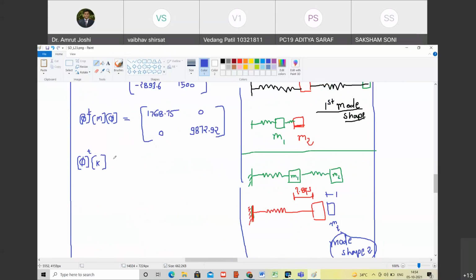Now tell me K phi transpose K. Go ahead. 1331.56. Then 3852.64.